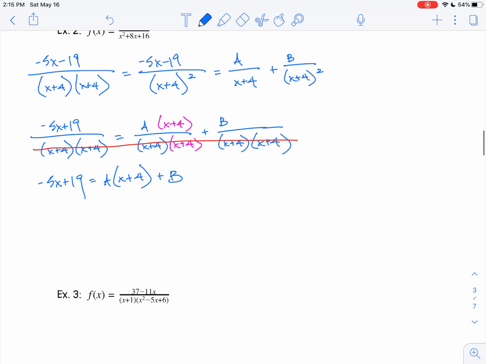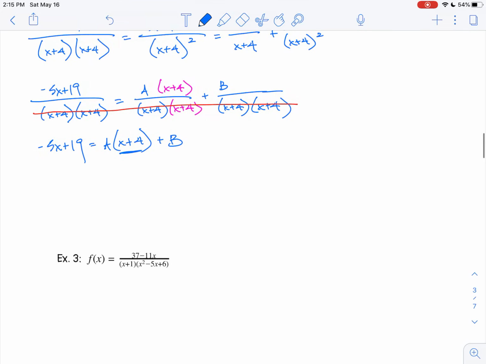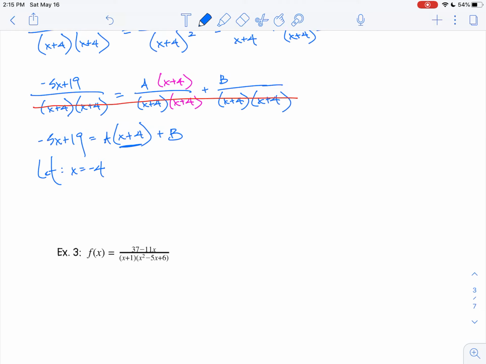Okay. So let's be clever about the numbers we try for x. Now I notice there's an x plus 4, so the first number I'm going to try is x equals negative 4. That will give me negative 5 times negative 4 minus 19 equals a times 0 plus b. Okay, this is good. This gets me b. So I get 20.